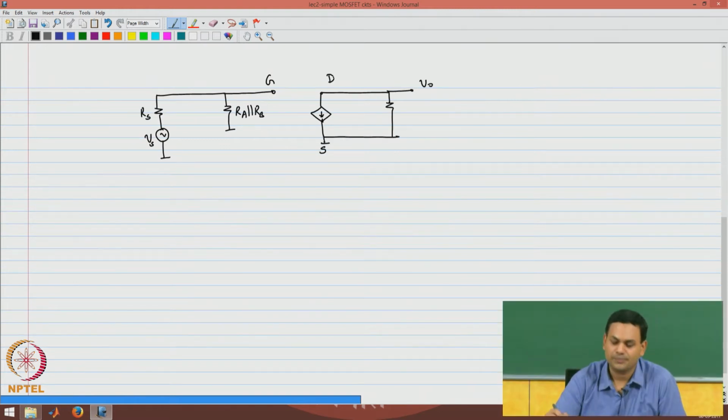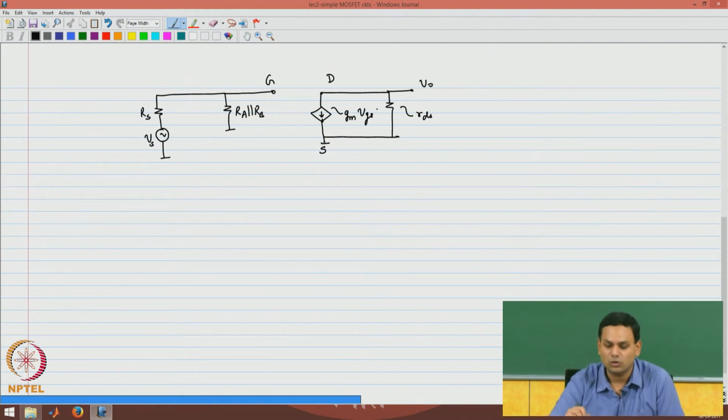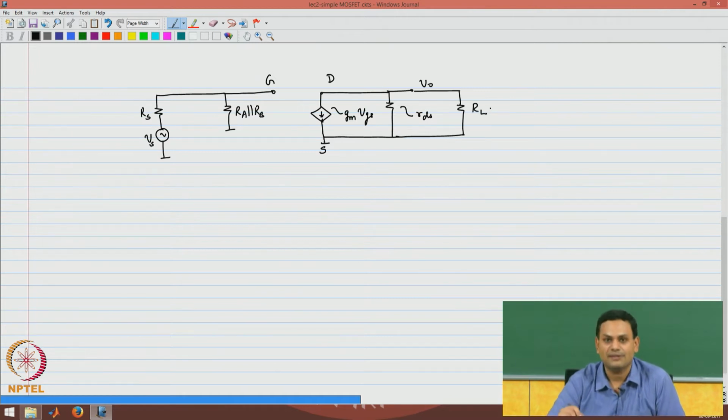At the drain is where you take the small signal output voltage, and you have two parameters, one is RDS, the other is gm times VGS, which is the voltage controlled current source. And apart from this, you also have the load resistance RL.